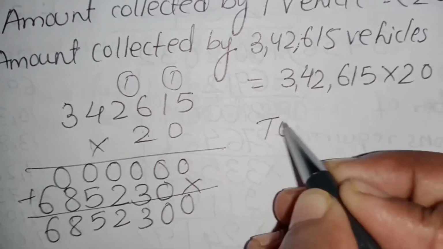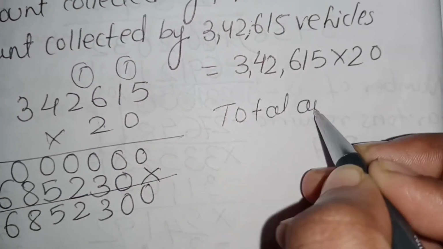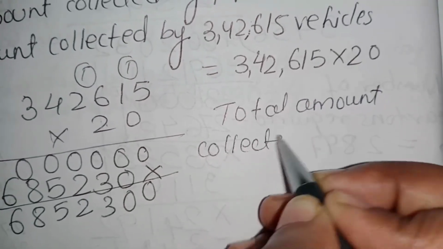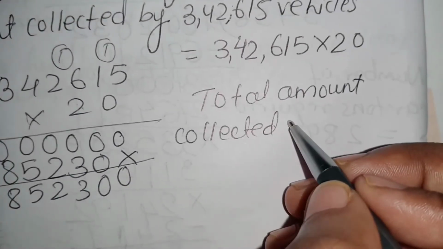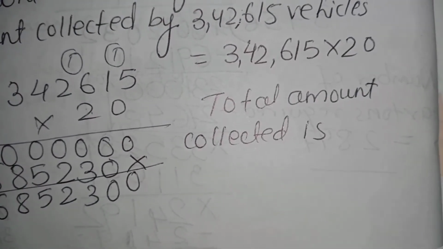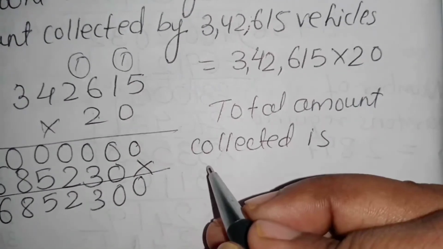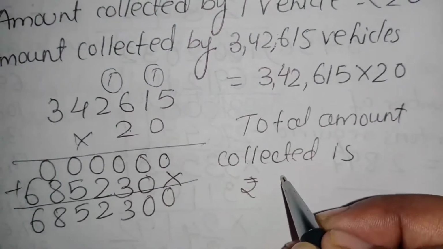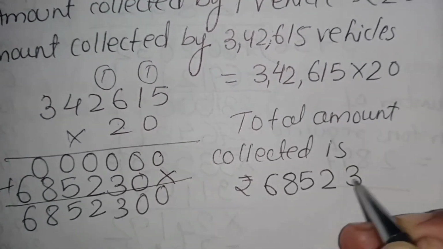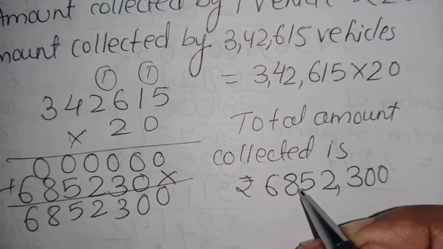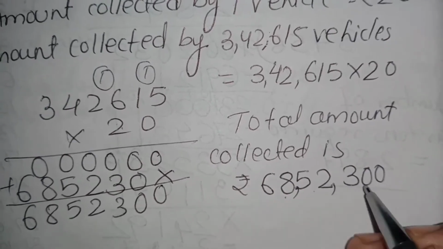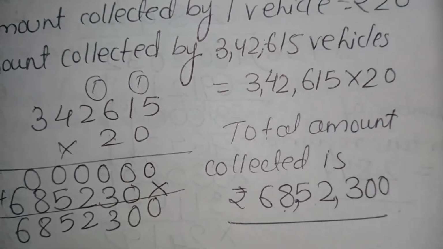Now let's write here: total amount collected is rupees, let's write this, then we'll put the commas. So how much is it? 68,52,300. So this is the answer.